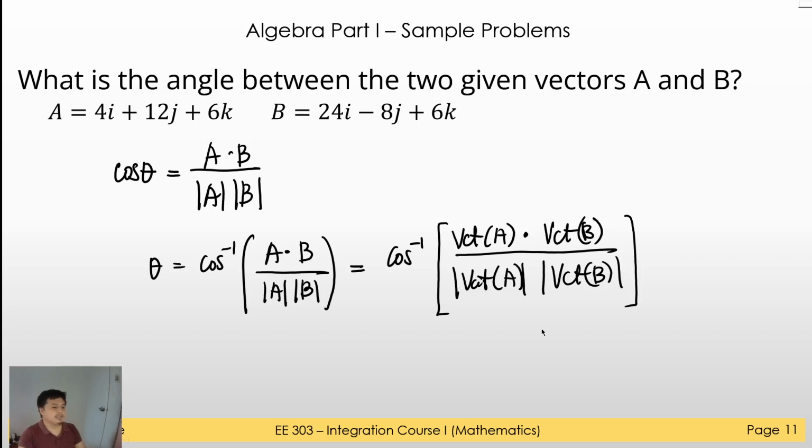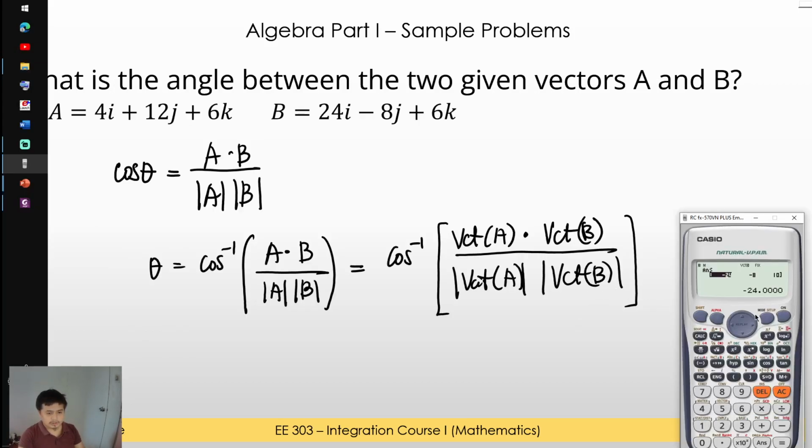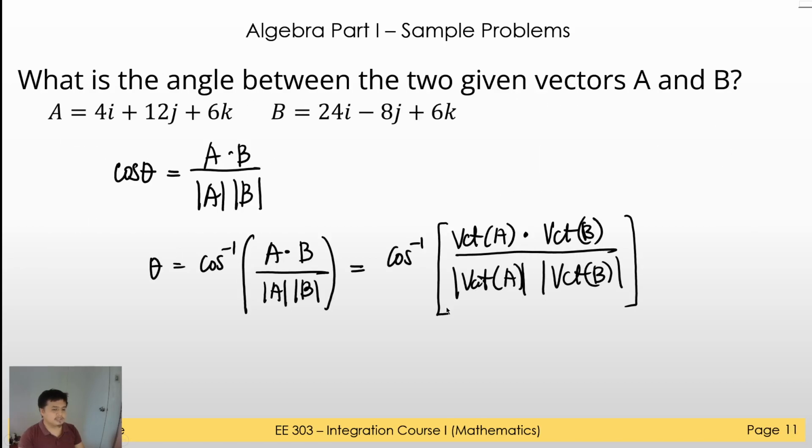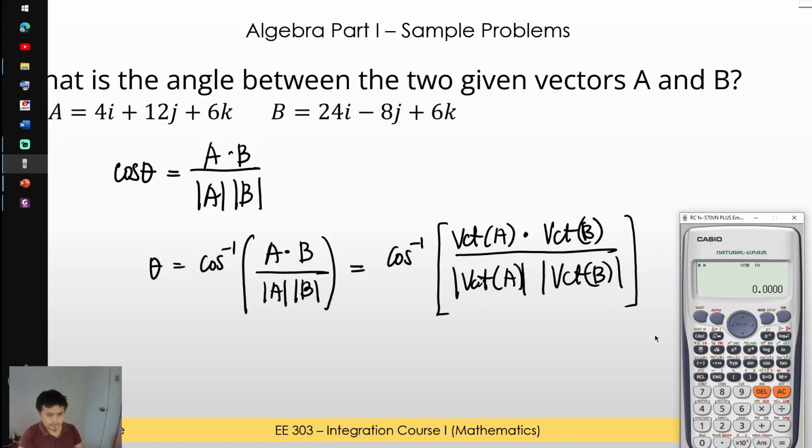Oh sorry, I think this is not the same given. So we have to input again our new vectors. Shift vector, dim, and then 1.